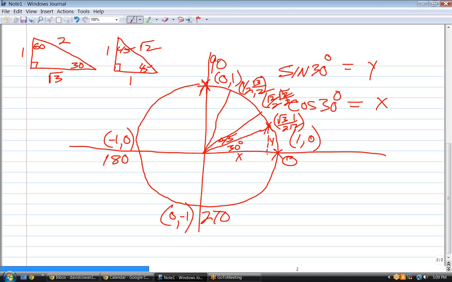Cosine of 270 would be, it's this x coordinate, 0. What's the sine of 270? Negative 1. Correct.